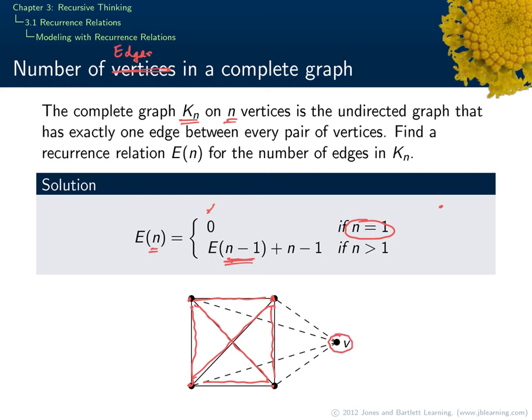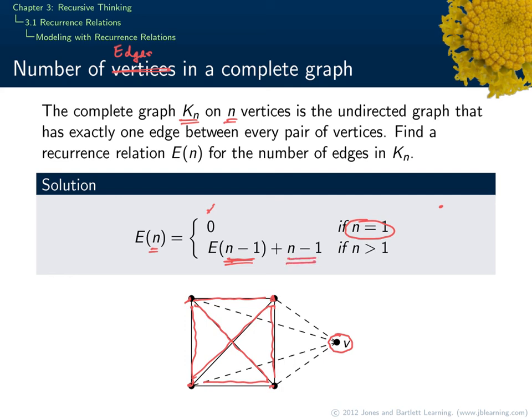Now, how many edges do we need to include in order to get the complete graph on 5 vertices? Well, we already have all of the possible edges joining our original 4 vertices, and all we need to do is link up our additional vertex with the previous vertices that we had. So how many previous vertices did we have? Well, we had n minus 1 of them.